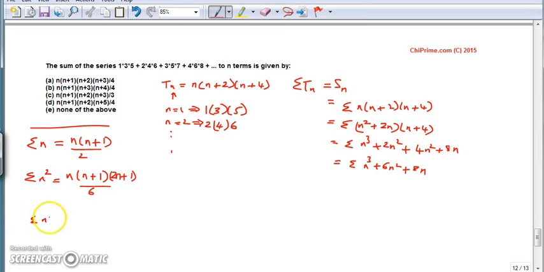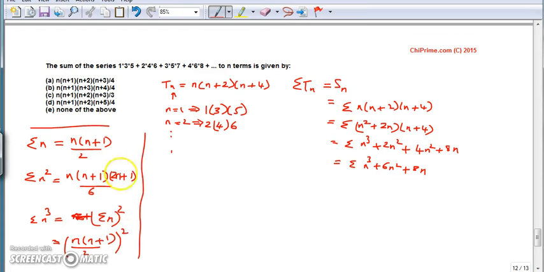And that if we want the sum of the first n cubes, or sigma n cubed, that is given by the square of the first formula of sigma n. So sigma n cubed is given by sigma n, the whole squared, which is [n times (n plus 1) over 2] squared. We know these things from the formulas that we've studied for solving problems on series.